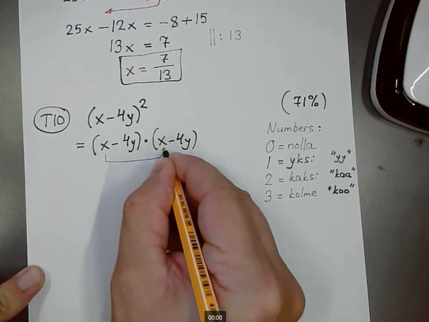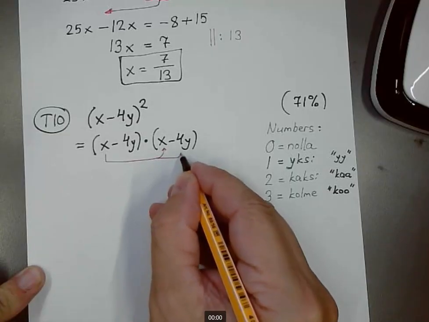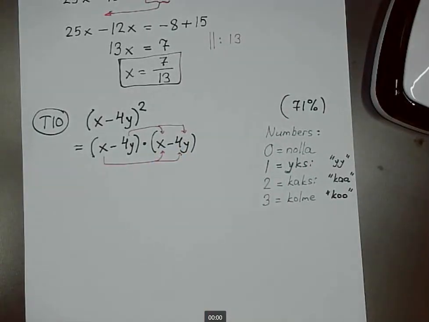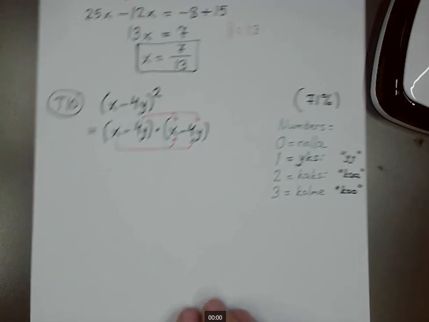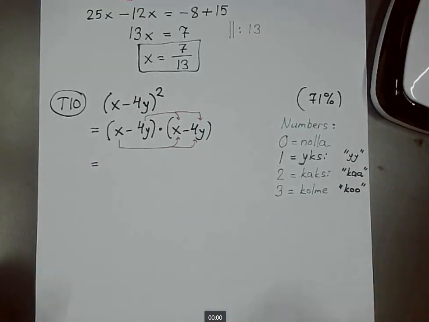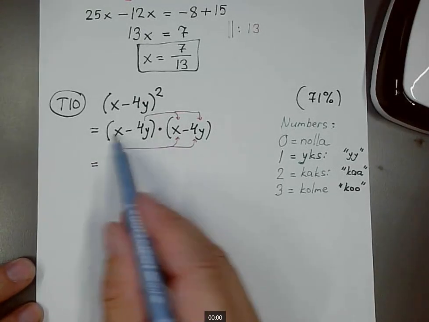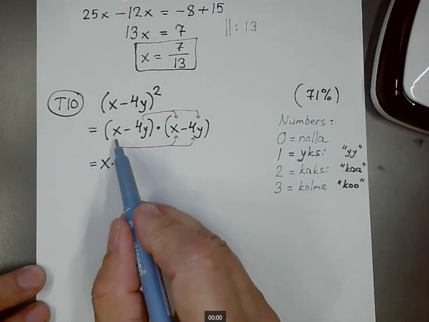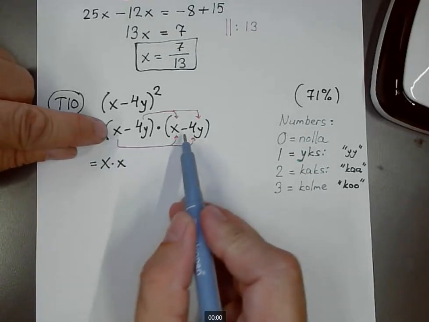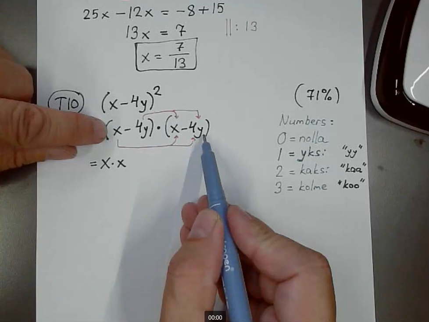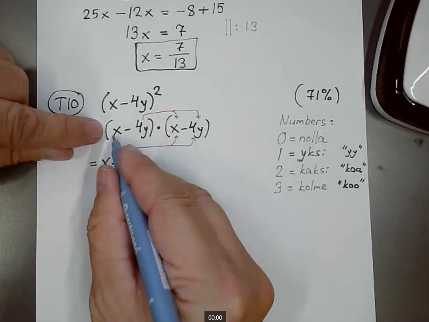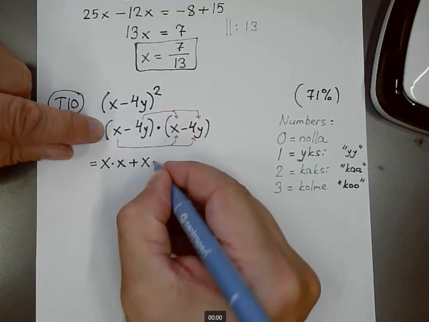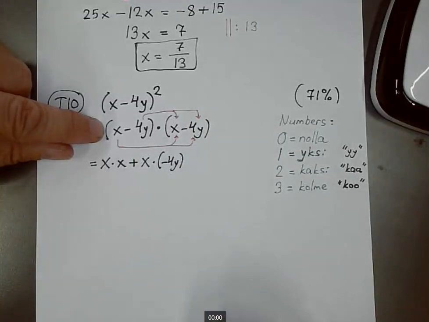So I will multiply these and these and these and these. So there will be x times x, then we have x times minus 4y. This x is positive, so we have to use a plus sign. x times minus 4y.